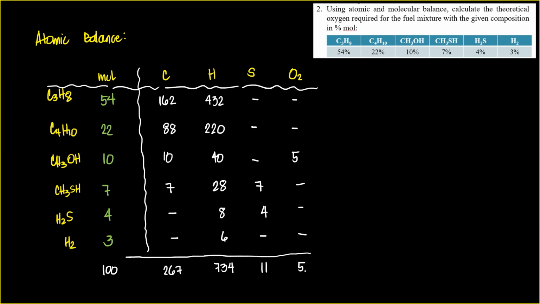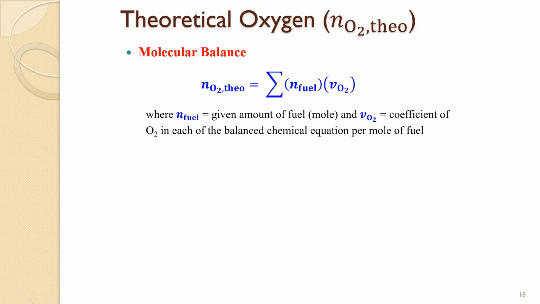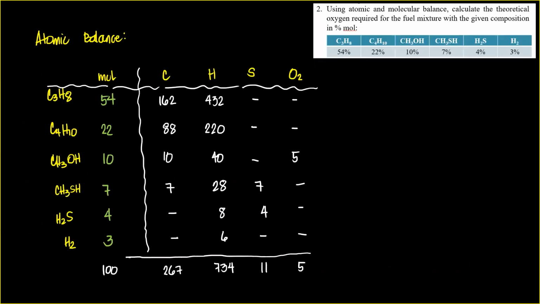Next is 5. And do take note of this formula. Look at the one on top. C plus H over 4 plus S minus O2. So I can say that the theoretical O2 is C plus sulfur plus H over 4 minus O2.